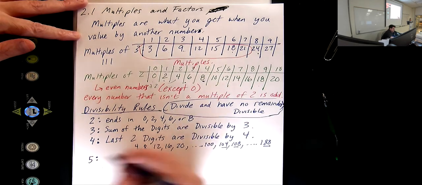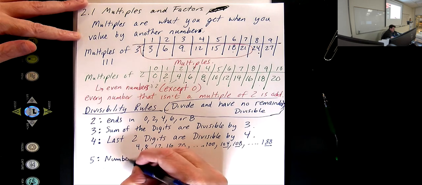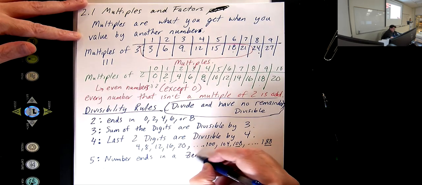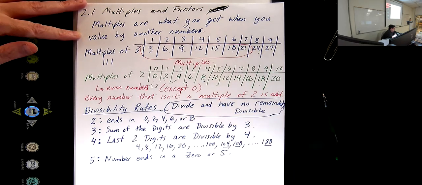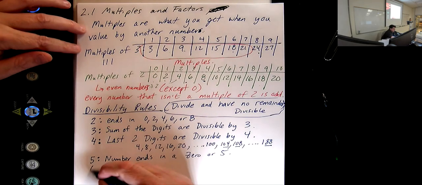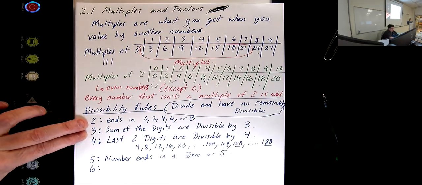5. The number ends in a 0 or 5. Six. 6 is a multiple of 2 and 3, so we just combine those.